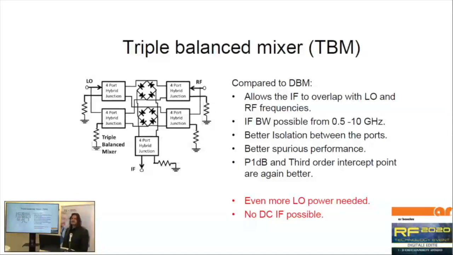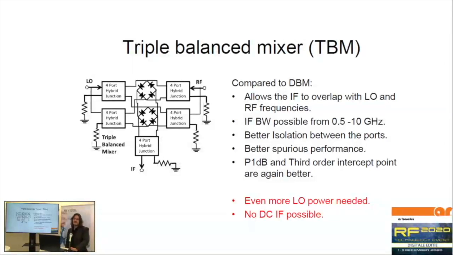This does allow you to have a much higher IF frequency. It could overlap with your LO and your RF frequencies instead of having to be in a different band. You have the possibility of a high IF bandwidth, typically between half a gigahertz and 10 gigahertz. However, it's not possible to get to DC in this case.